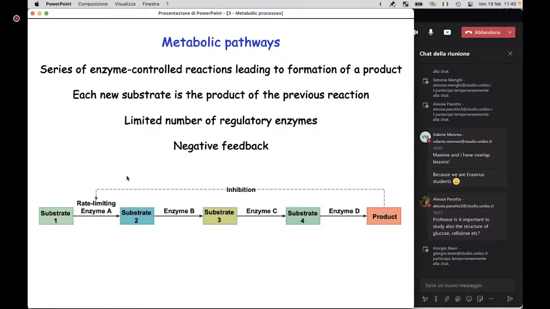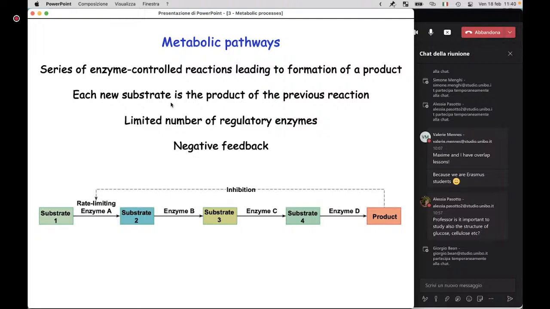In this way, we can control the amount of this product in the cell. Of course, if this product is brought out from the cell, or degraded in the cell, it will stop binding the enzyme A, and so it will start working again, and again start the production of this compound.